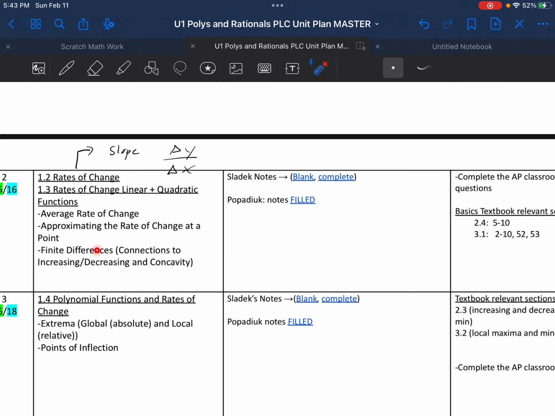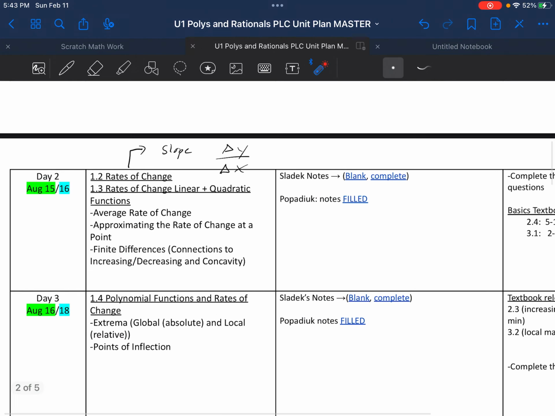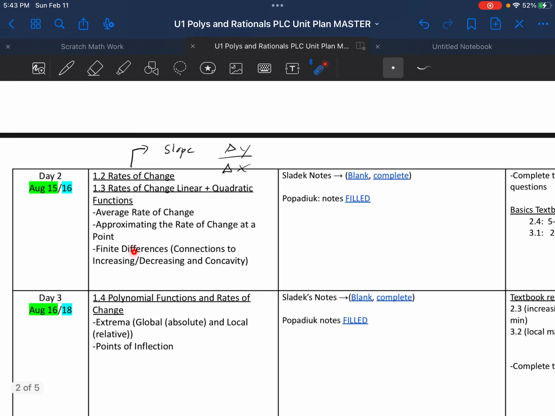We talked about finite differences. That's basically just measuring how the rate of change is changing. If the rate of change is constant and positive, you would have an increasing graph. If it was constant and negative, you'd have a decreasing graph. And for concavity, we would measure the rate of change and see if it was changing or not.